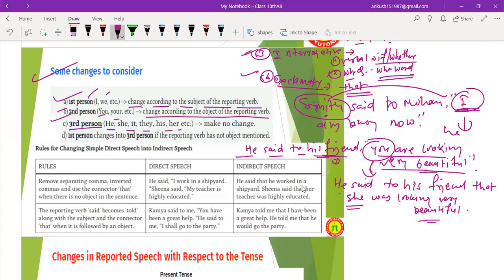You need not make any changes there. First person changes into third person if the reporting verb has no object mentioned. Suppose in the reporting verb there is no object used, so the first person would be changed into third person. Understood? Yes, sir.